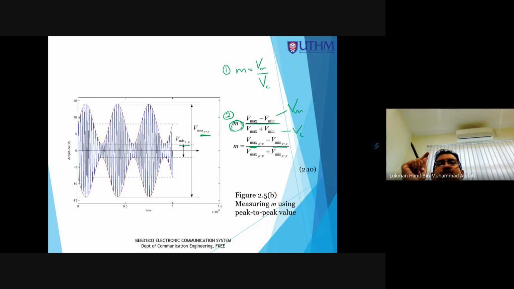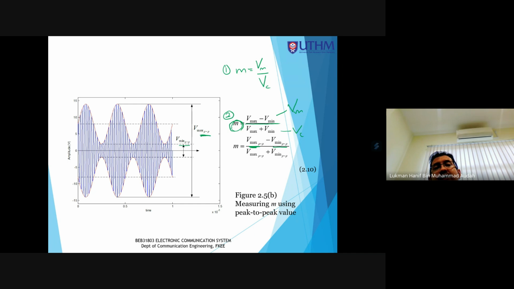That means the students need to find the maximum value, the minimum value, the Vc or the Vm, in order to calculate the modulation index and other parameters. We have asked this kind of question before.